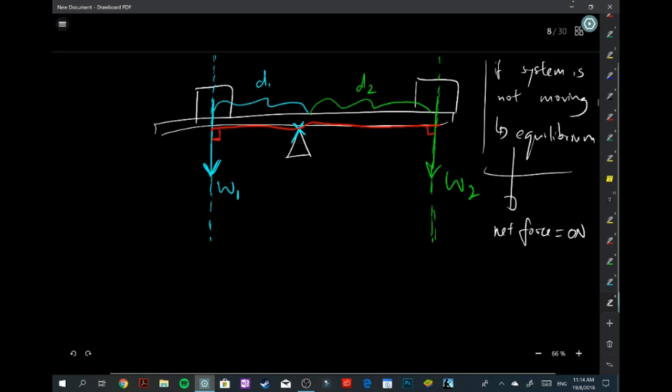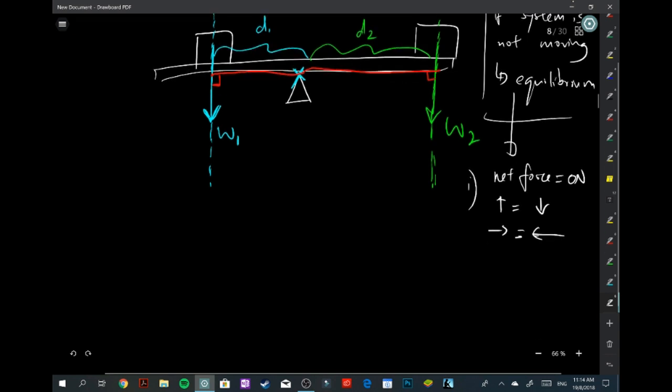That means upward force equals downward force, or rightward force equals leftward force, and of course there are forces in the other directions. All opposite directions must be equal. That's what I mean when I say net force equals 0 Newton. The second one is that the net moment is 0.